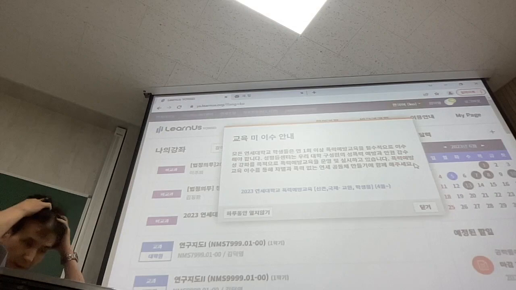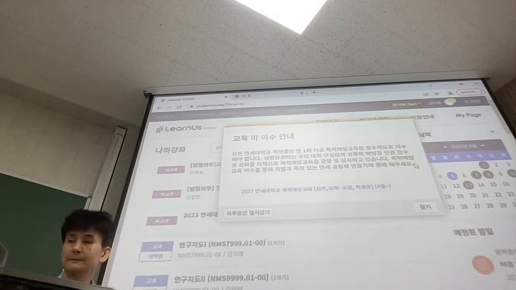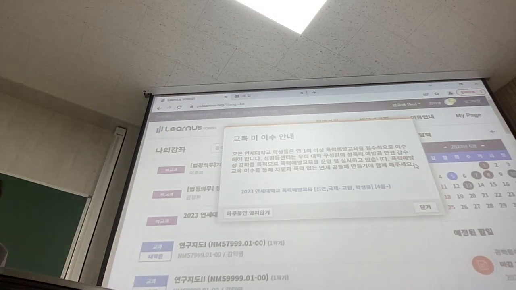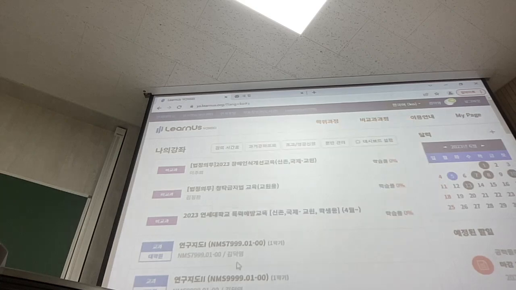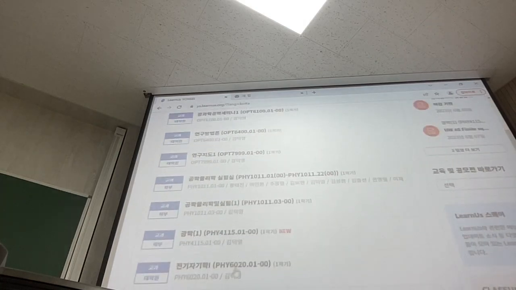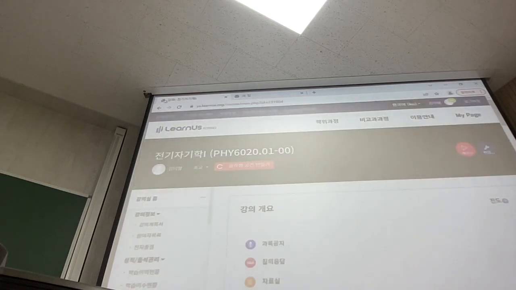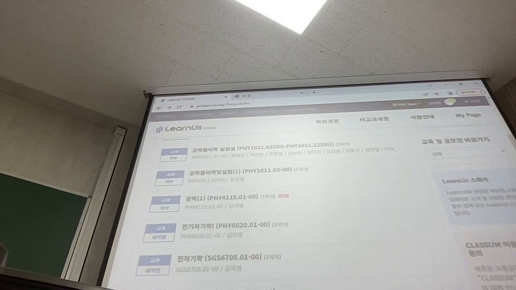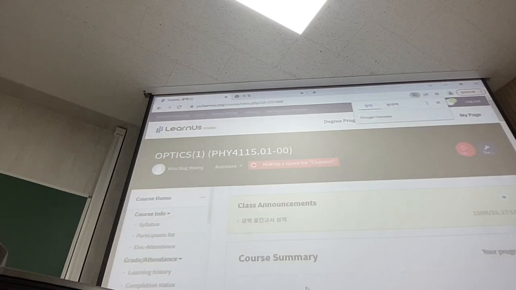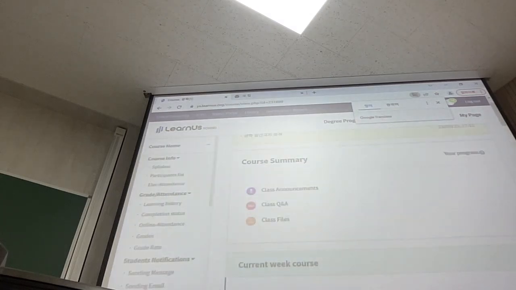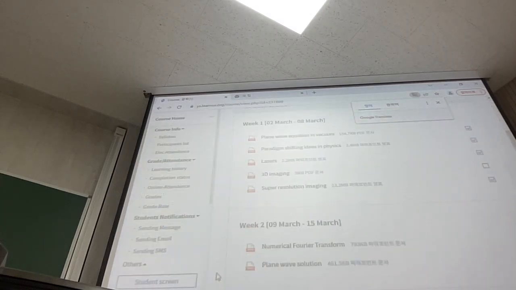Last time we discussed the finite difference method. It can be used for any kind of differential equation, and we are going to use FDM for the waveguide equation.